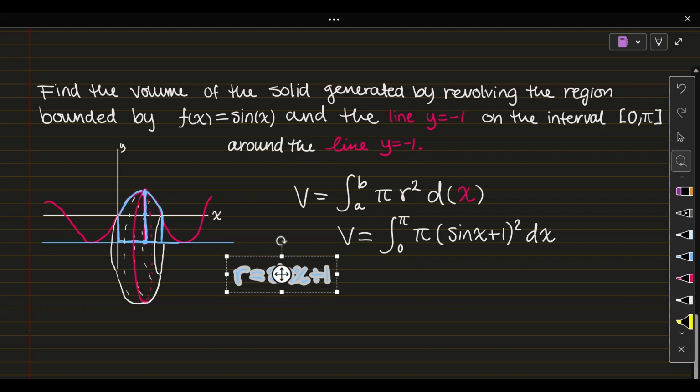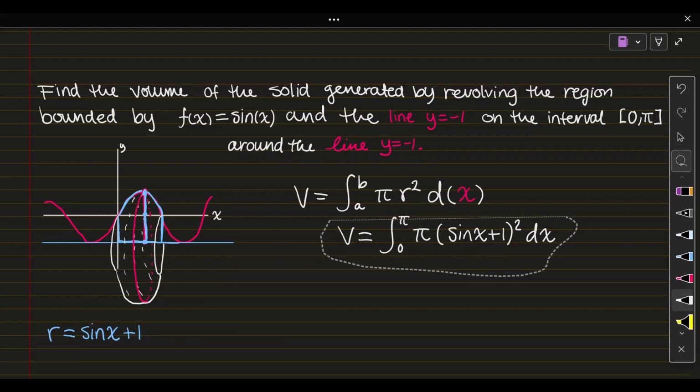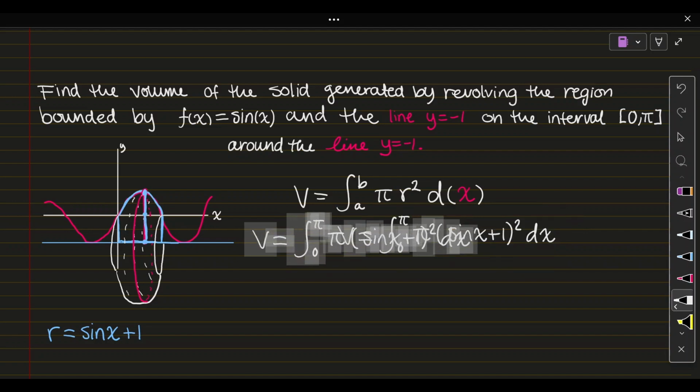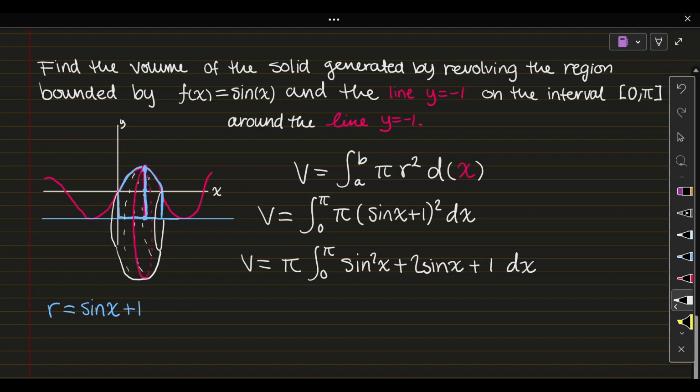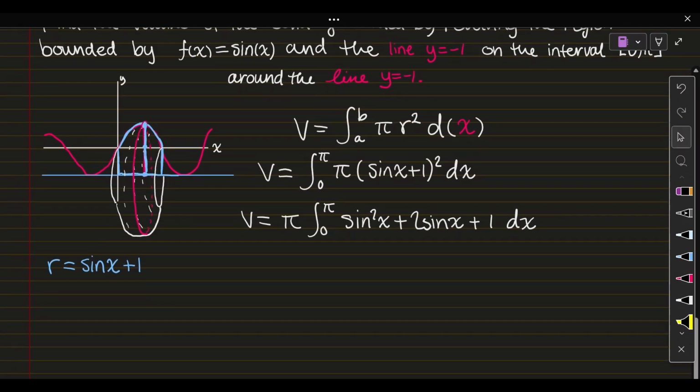So let's do a little bit of simplifying here. There's not really a nice u substitution I can do here, so I'll just go ahead and FOIL this out. So this is going to be the integral, I'll move the pi outside, 0 to pi of sine squared x plus 2 sine x plus 1 dx. Okay, so I can split this up into a bunch of different integrals.